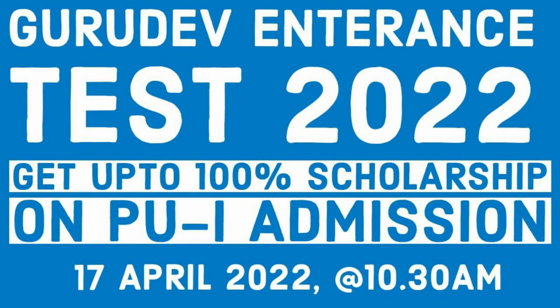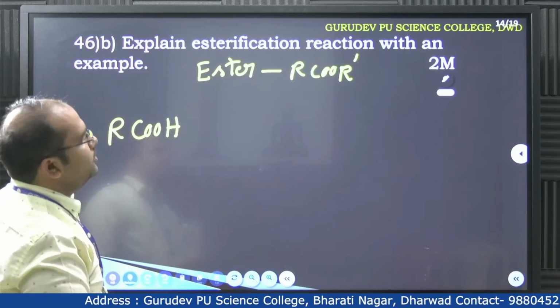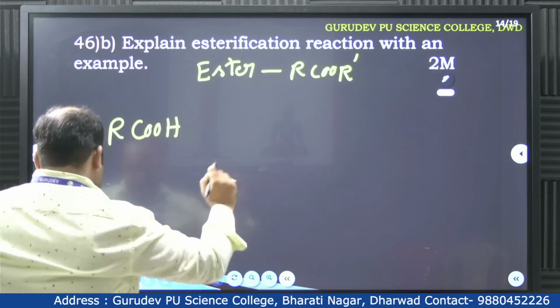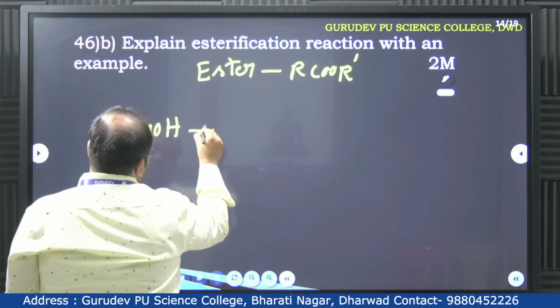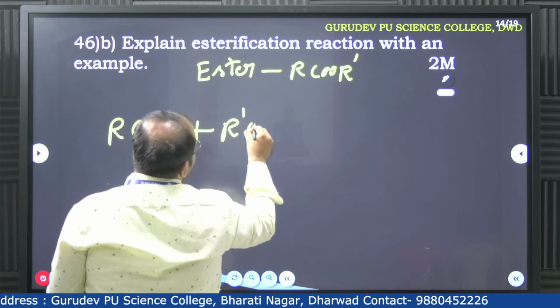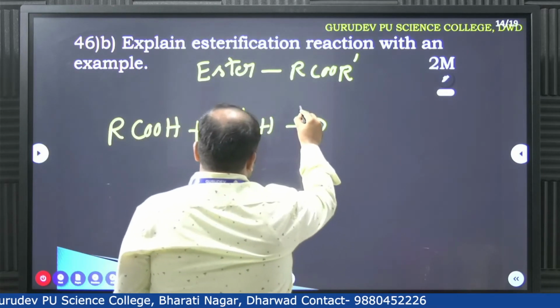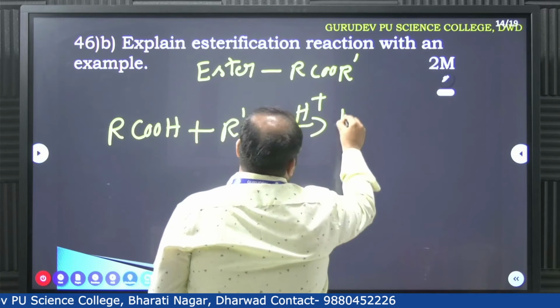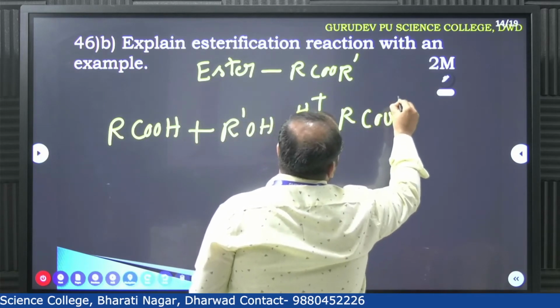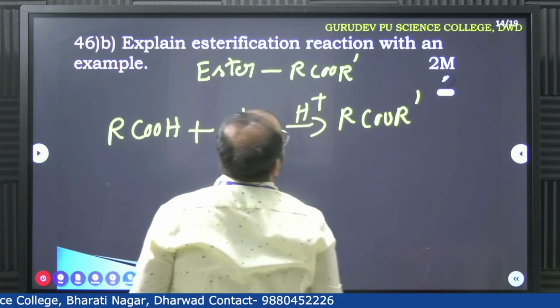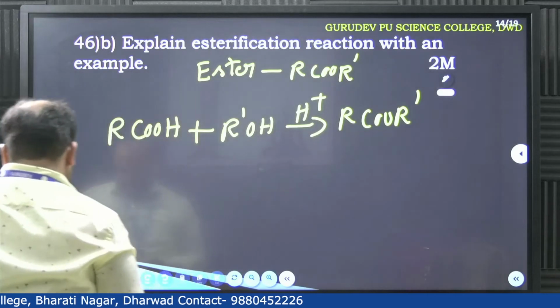By using the carboxylic acid you can prepare the ester. This carboxylic acid is treated with alcohol in the presence of hydrogen ion, and you are going to form the ester.